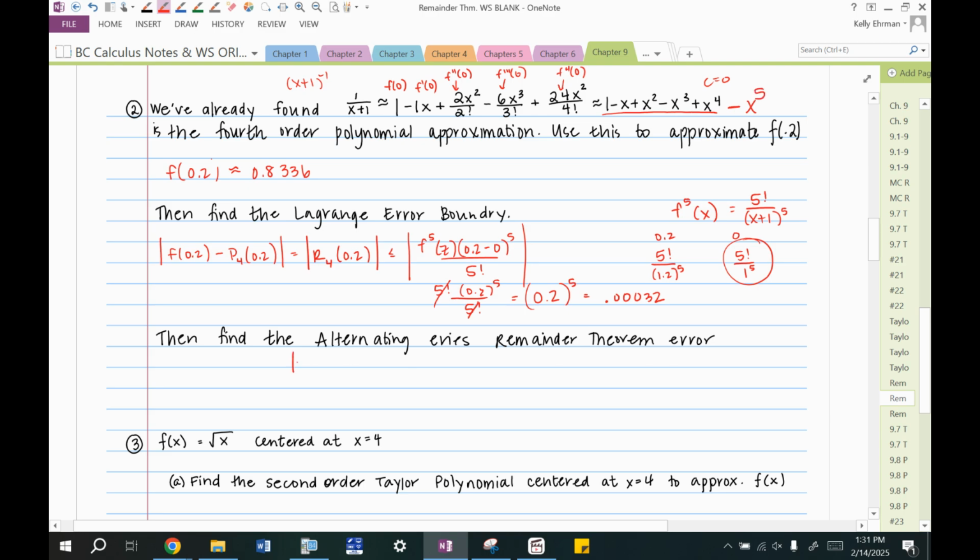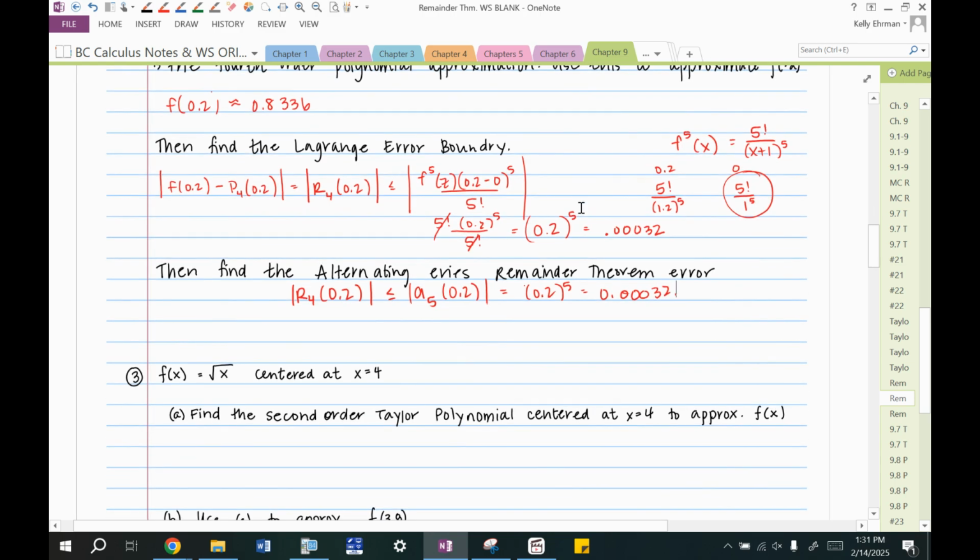So the fourth order remainder would have been less than or equal to the fifth term in absolute value, evaluated at 0.2. And the fifth term that you're leaving off is x to the fifth, so 0.2 to the fifth. So I get the same thing. So sometimes Lagrange and alternating are the same, and sometimes they're not.